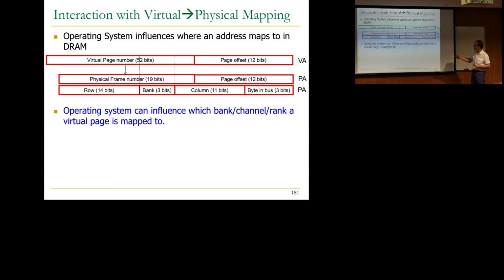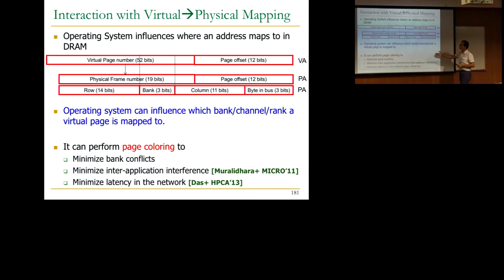If the bits are selected here, the operating system has no control. For example, if the channel bit comes from here because you do cache block interleaving, the operating system doesn't have control over that channel bit, so it cannot do channel partitioning between the applications. So this is also called page coloring, basically.